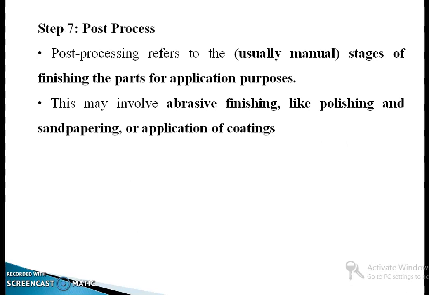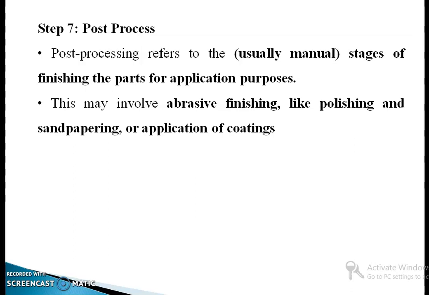Then the seventh step, post process. What does this post process indicate? Post processing refers to a usually manual process. That is a manual process up to the sixth step. Fifth and sixth steps represent your automatic process, in which instructions are given directly to the machine to produce your finished product.